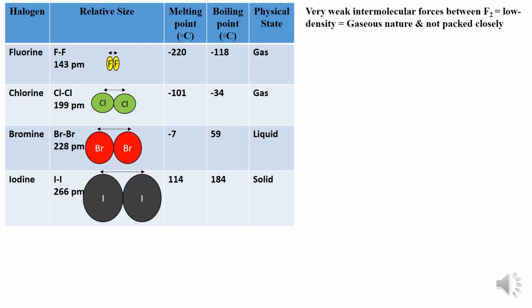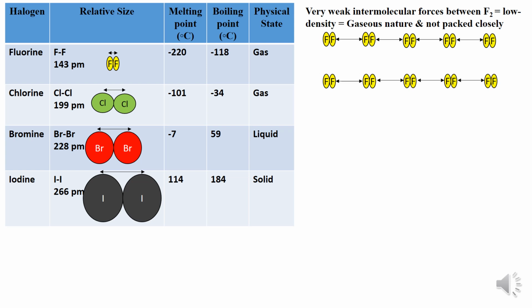Now in the case of the fluorine molecule, you find very weak intermolecular forces between the fluorine molecules because of its relatively small size, and as an outcome its density is low, it is gaseous in nature, and the fluorine molecules are not closely packed.